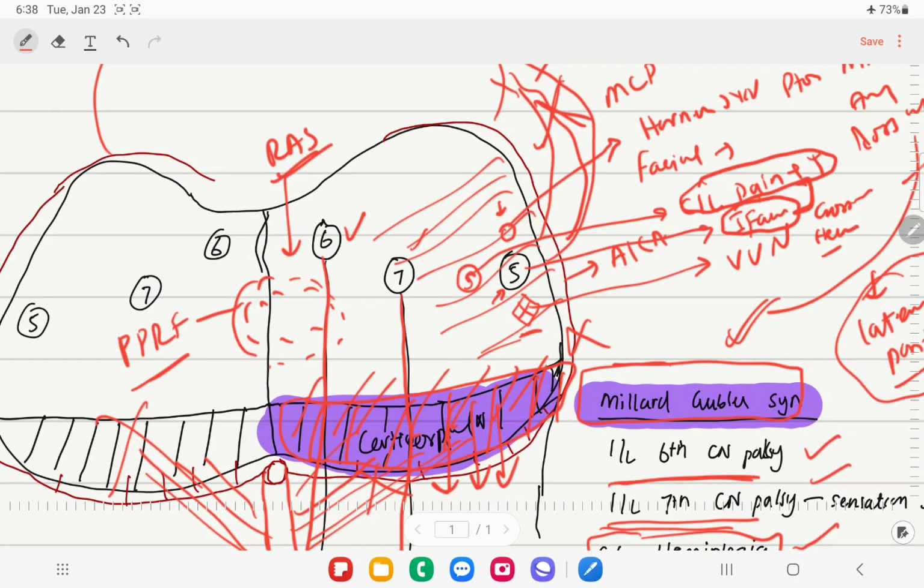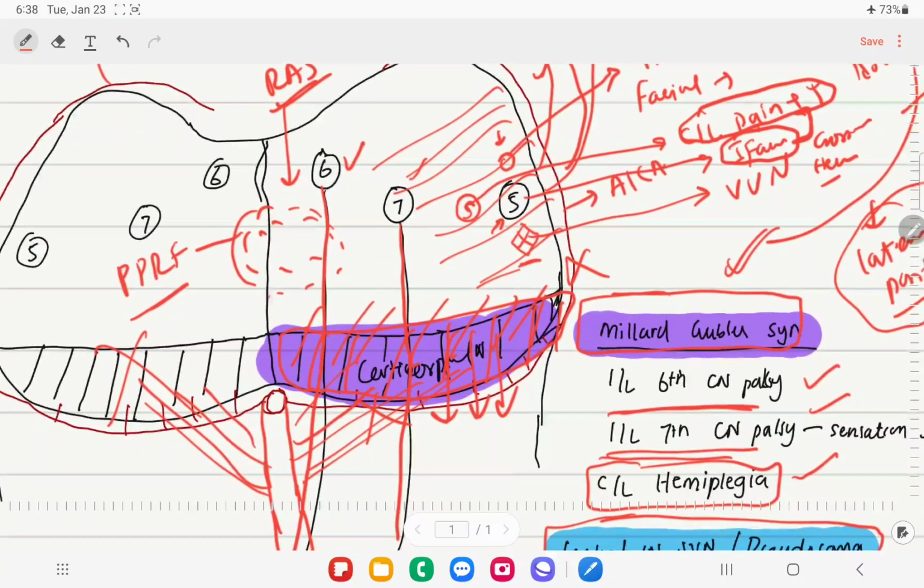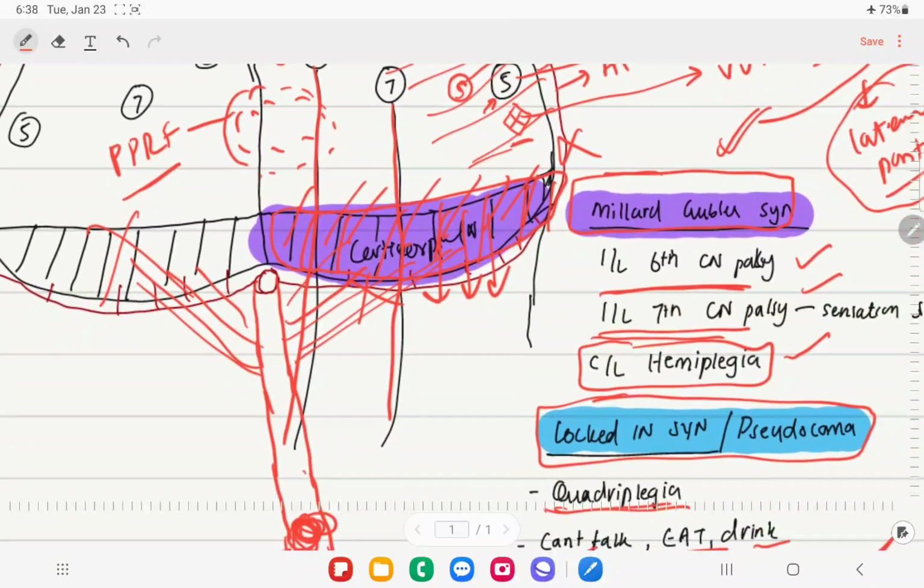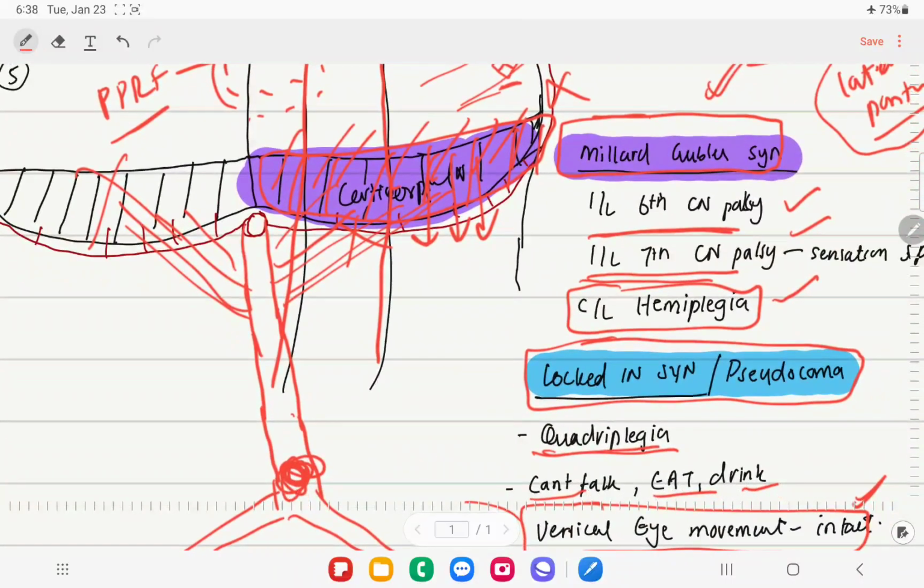If it gets involved, the patient won't be able to retain consciousness. The patient will remain unconscious, right? If sometimes it is spared, consciousness will be preserved in these patients, right? This is called the locked-in syndrome.